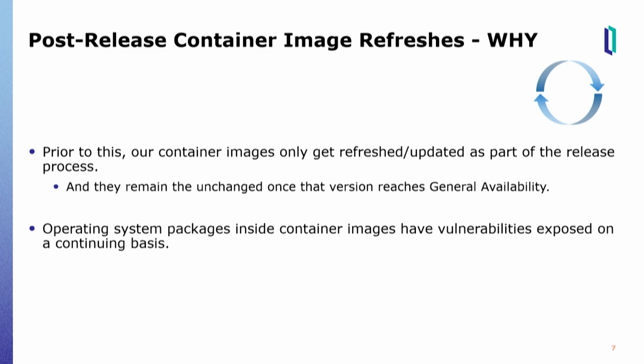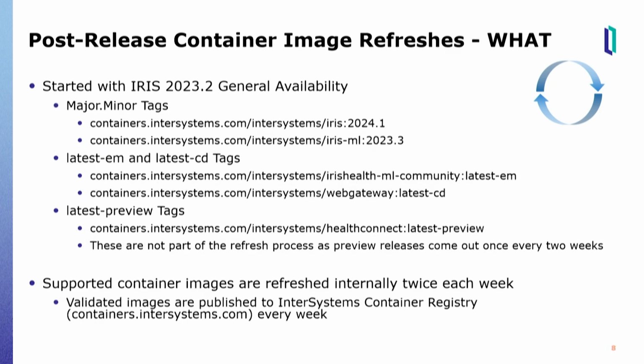To keep up to date with the fixes for those, we've designed this new process to keep refreshing them in our images. The general idea is to keep refreshing those OS packages in our container images while also making sure that the InterSystems product installed there remains the same.